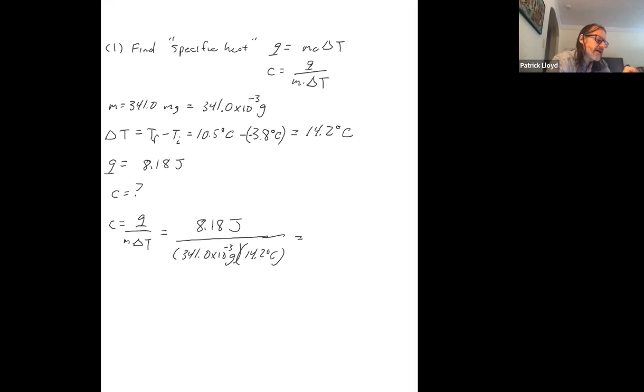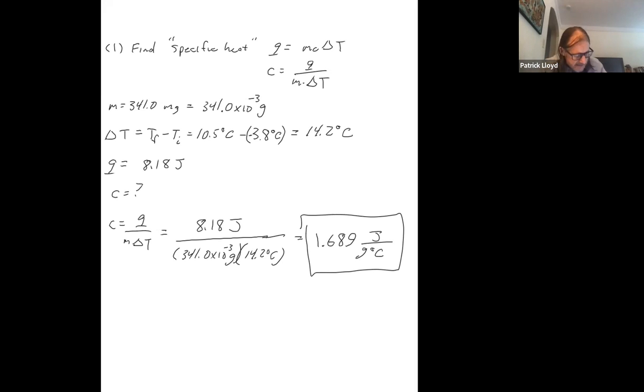So 8.18 over 341 times 10 to the minus 3 over 14.2. Again, you should get values that are like 4 for water, 2 for alcohol. And the units would be joules per gram degree C. Okay. Now, there's your specific heat capacity like we've done before.